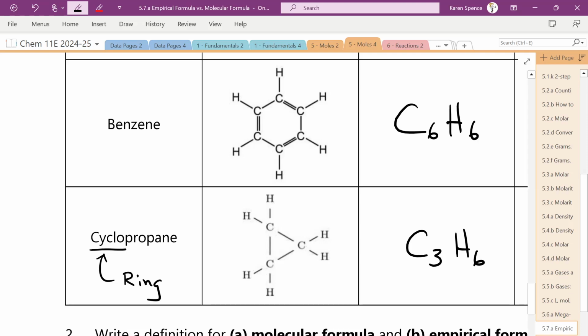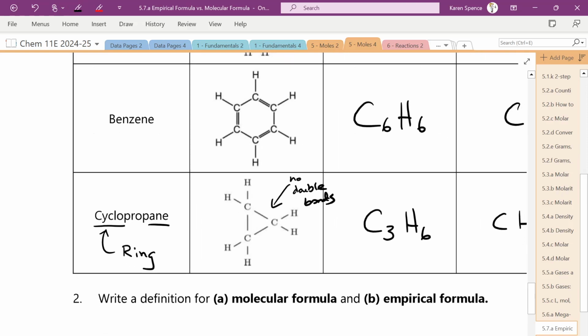If it's 6, it'll form a hexagon. Okay, if you see cyclo, it means it's a ring. Like I said, benzene is its own thing, so that's why it doesn't have cyclo in the front. All right, and you'll notice, are there any double bonds in cyclopropane? No, that's why it's propane. No double bonds.